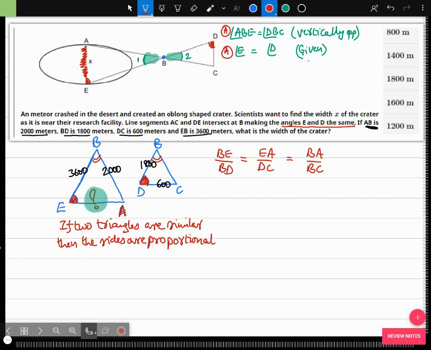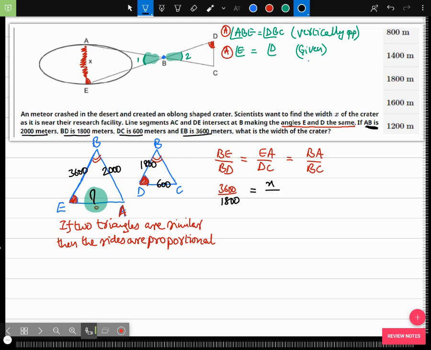Now let's plug in these values. What is BE? BE goes here, which is 3600 over what is BD? BD is 1800, that goes here. EA, we don't know.